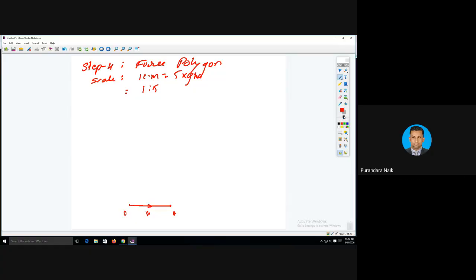Next is the reference line, which is very important. Here the reference line through point A is always the positive x direction.